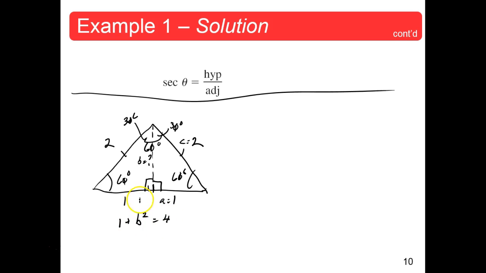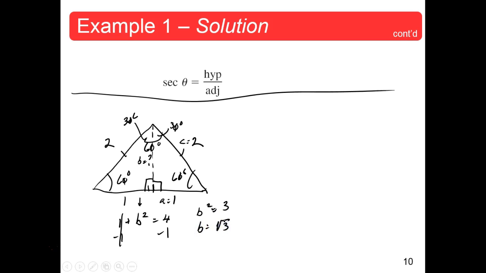Okay? How could you solve for b squared? Pretty easy. Subtract 1 from both sides, so you get b squared is equal to 3. Okay, so what would b have to be? The square root of 3.